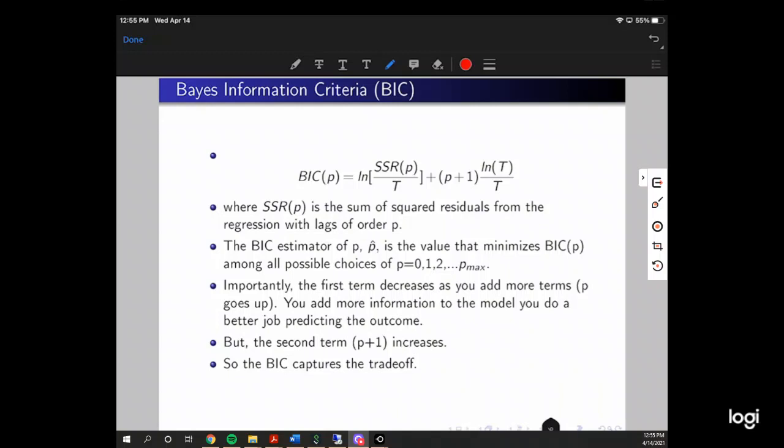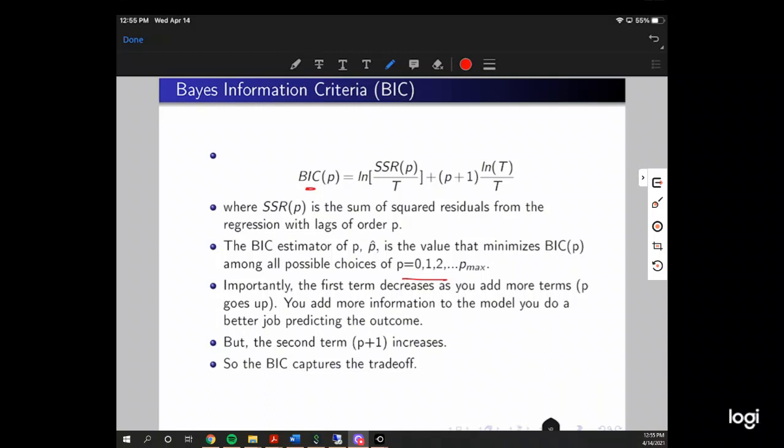The BIC estimator p hat is the value that minimizes the BIC among all possible choices of the number of lags. So really what we're doing is estimating the autoregressive model with 1 lag, calculating the BIC, estimating with 2 lags, calculating the BIC, then 3 lags, up to the number of lags we want to test, and then looking at the BIC and picking the one that minimizes it.